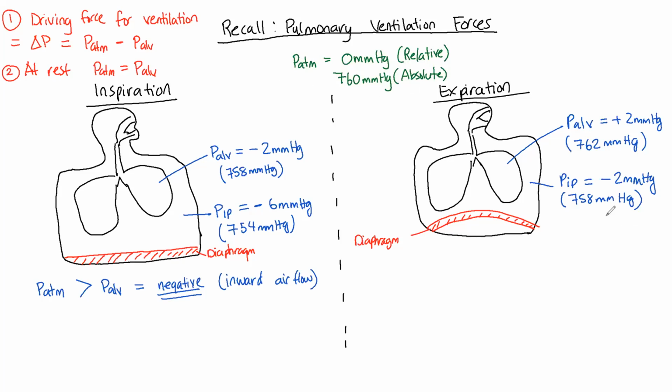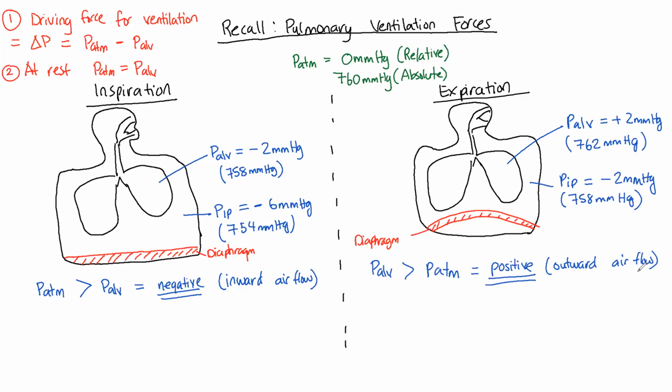So if we think about our differential down here again, what we see is that the alveolar pressure here is greater than atmospheric pressure, which is what we want. So that's going to be a positive gradient. In other words, we are going to see outward airflow.